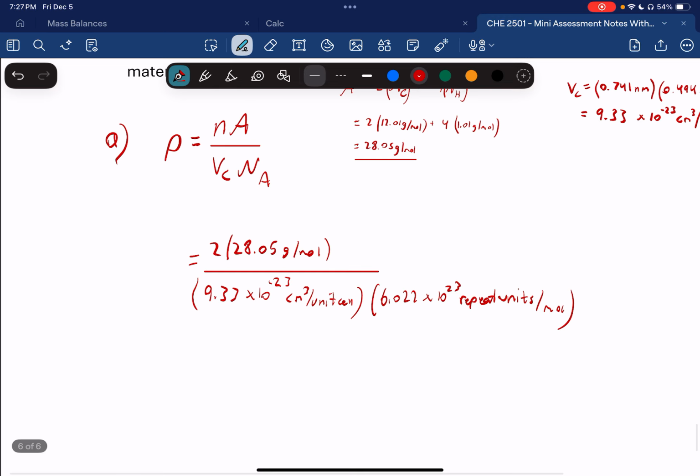All right, pulling out our calculator. Good calculating, we get 0.98 grams per centimeter cubed. All right, and that will be our final answer. That's the density of the polyethylene.